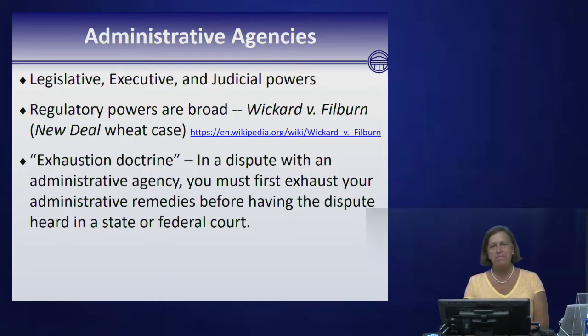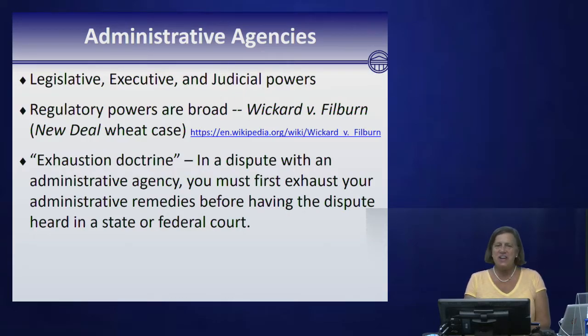This is a farmer. Old Roscoe wanted to grow some extra wheat so he could feed his livestock, not livestock for sale in interstate commerce, but for his family's consumption. He exceeded the amount that he was allowed to grow under an administrative regulation and was fined.